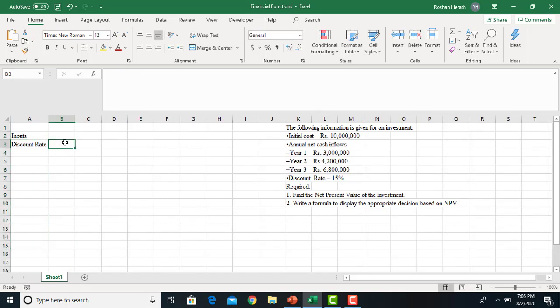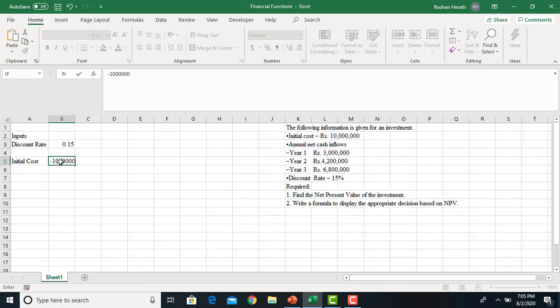That is given as 15%. Then we have the cash flows, especially the initial cash flow, the initial cost, which is rupees 10 million.